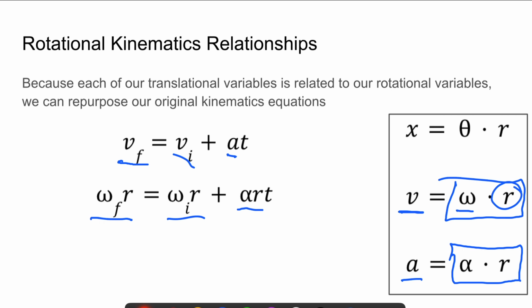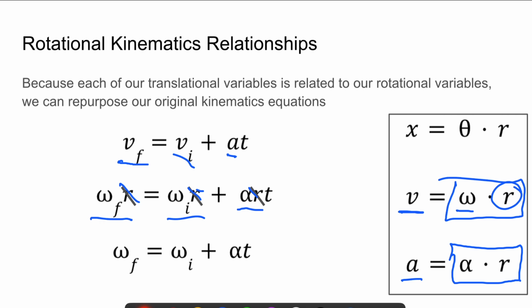And obviously, time will be the same variable whether we're moving translationally or rotationally. And finally, we know that the radius is in every single one of these terms, so we can get rid of radius. We divide each side of the equation by radius, and we end up with our final angular velocity equals our initial angular velocity plus our angular acceleration times time.